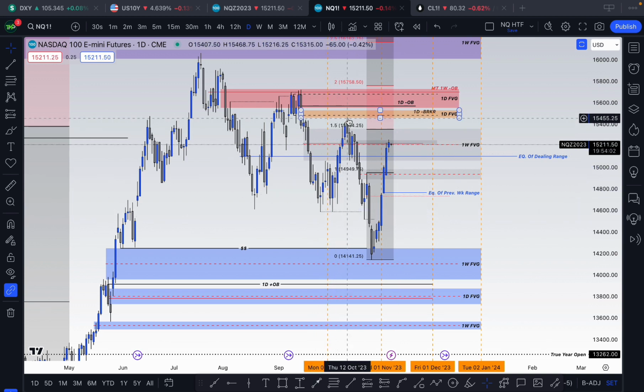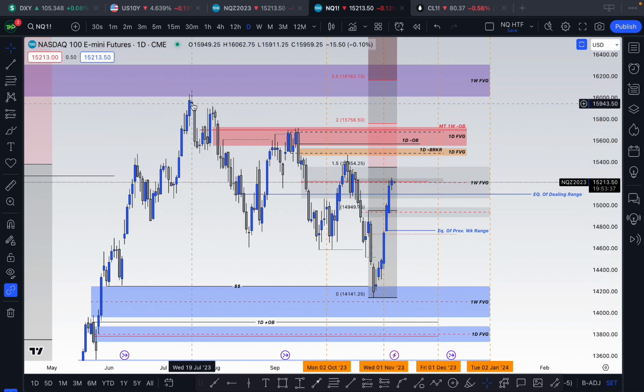If we get above this high this week, potentially, then we'll have a breaker in effect. We have this low right here, made a lower low, took this liquidity, took some more liquidity, and ultimately reached down here, and then sprang up.